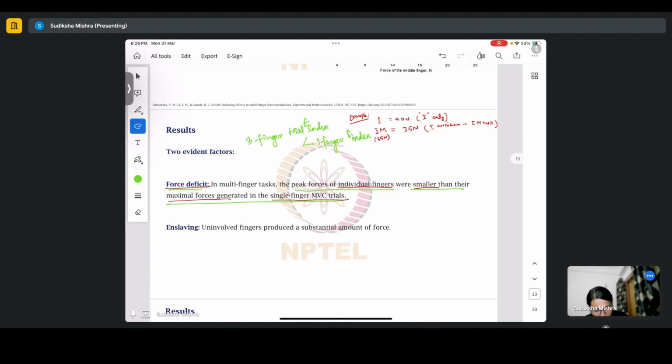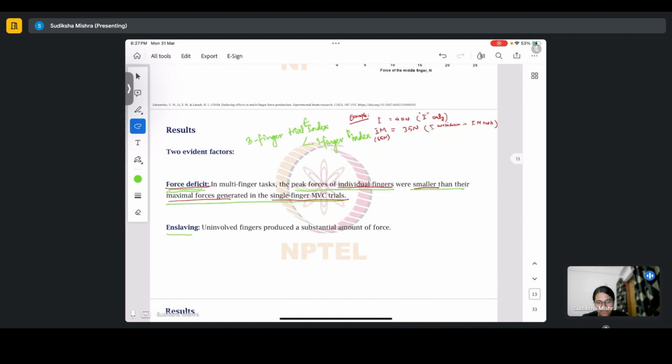This is essentially force deficit, wherein there is some loss of force in multi finger tasks. The amount of the force is not the same as you would observe in single finger trials.